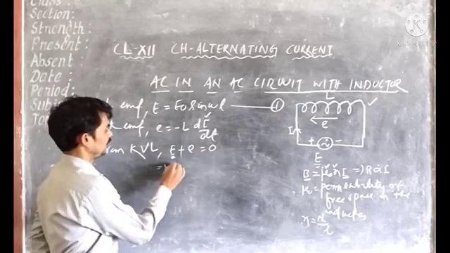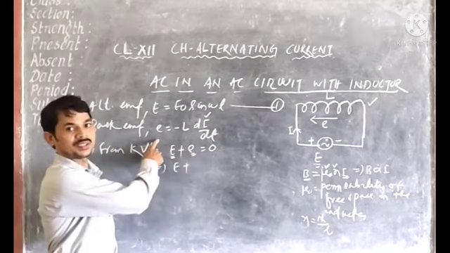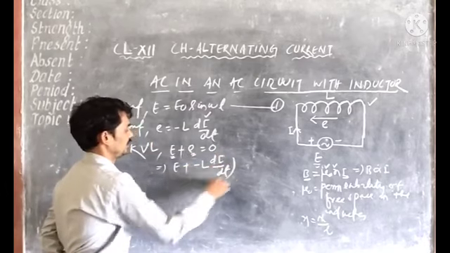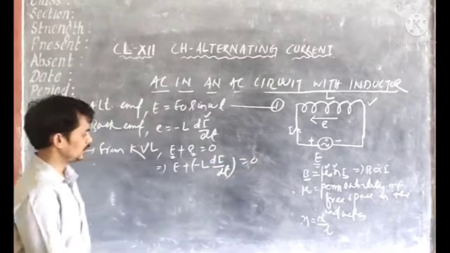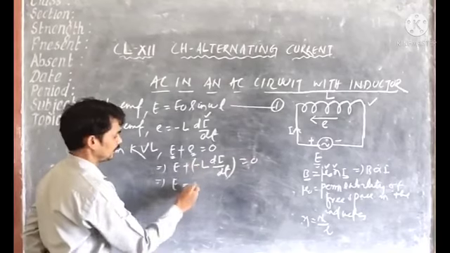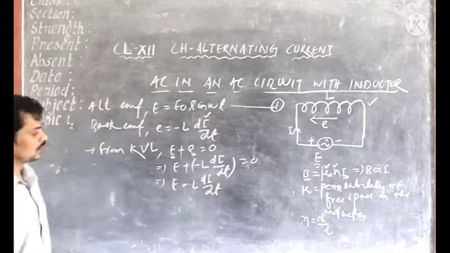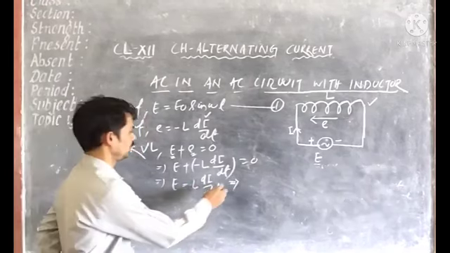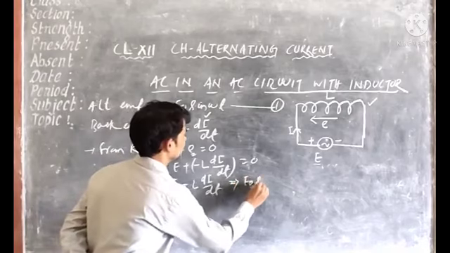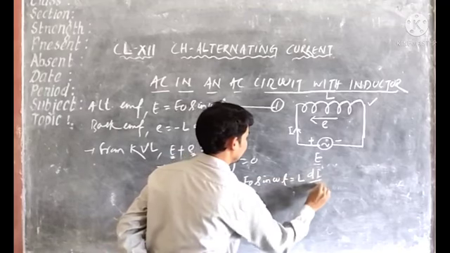So this implies E plus, in place of the back EMF, minus L di by dt, is equal to 0. This implies E is equal to L di by dt when you take it to the right hand side. By putting the value of E in this equation, we will get E naught sin omega t equal to L di by dt.